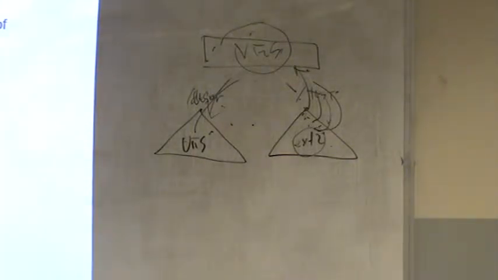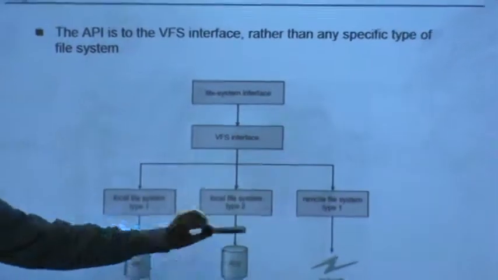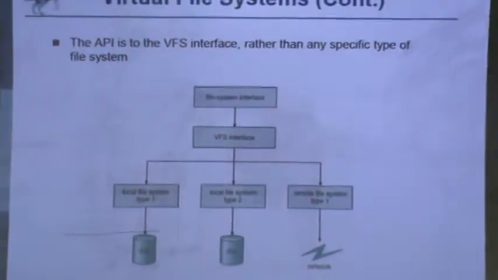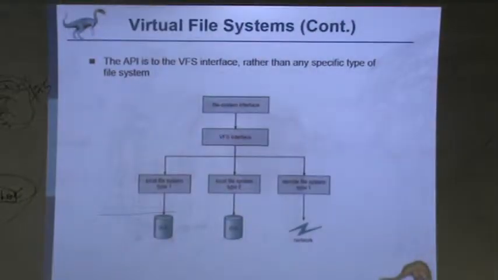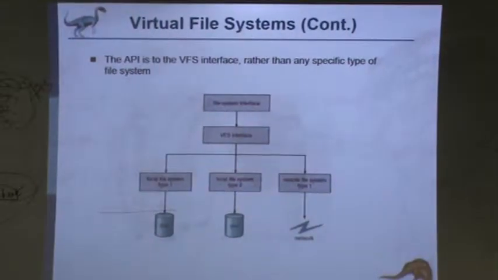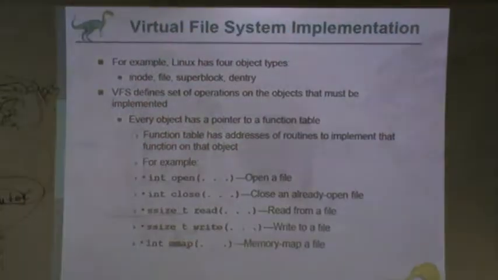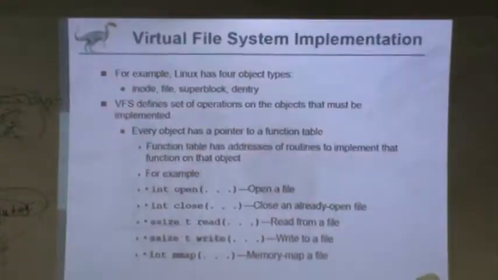So this slide shows the diagram of how we can understand the virtual file system. That's the VFS level. This is the file system that you are using. NFS is also the same as any other file system. Then the virtual file system can be considered as a standard.